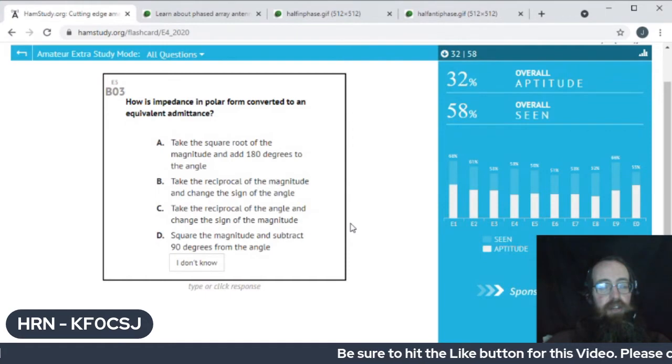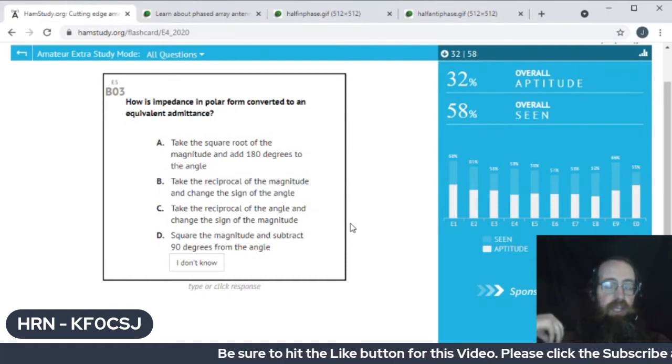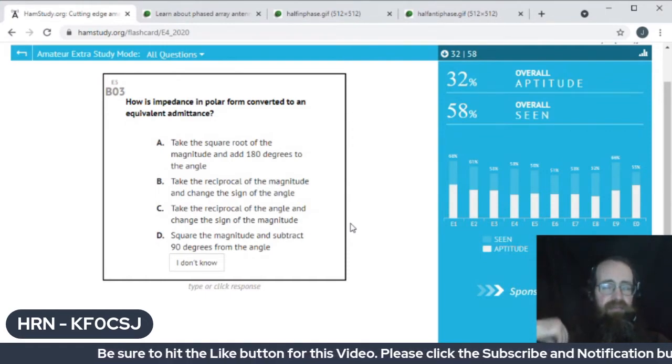D, square the magnitude and subtract 90 degrees.